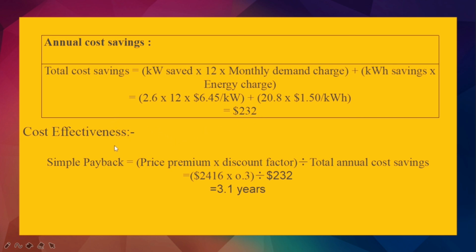And the last step is simple payback, which is price premium times discount factor divided by total annual cost saving. 2416, which we get from the table, times 0.3 divided by 232, which we get 2.1 years, which is the additional investment required to buy an energy efficient motor would be recovered within 3.1 years.